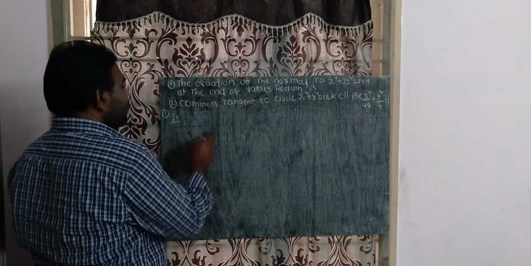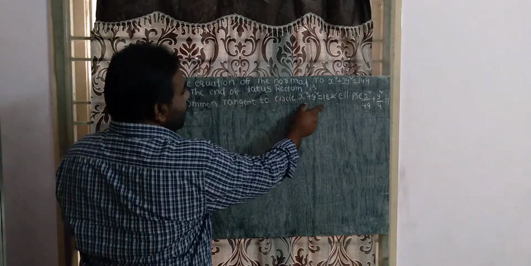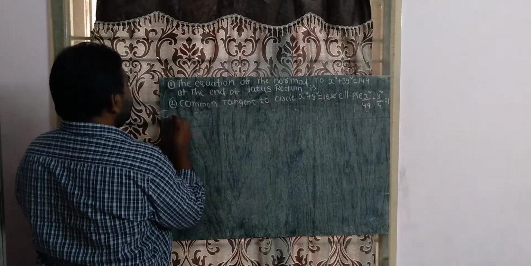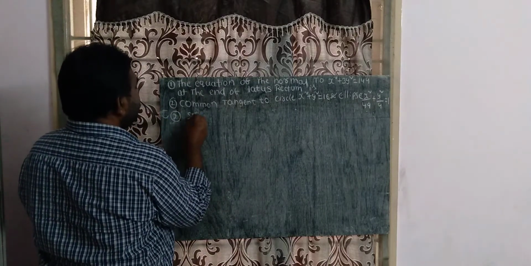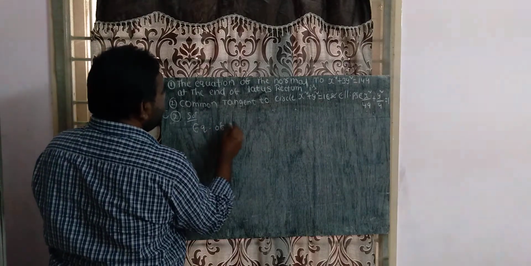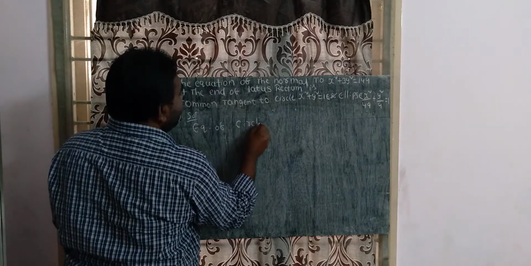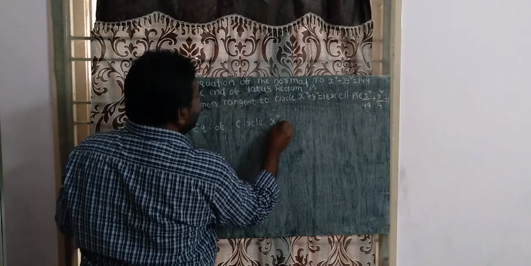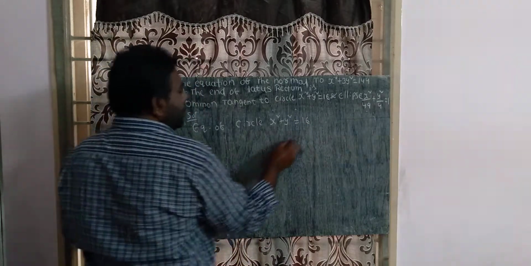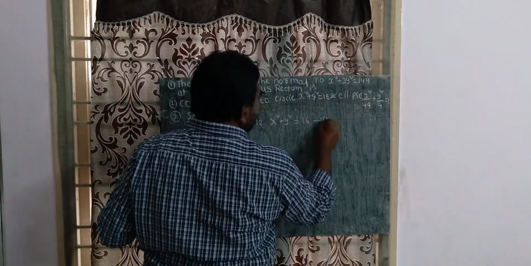In the second sum, he gives us mainly one circle and one ellipse. Equation of circle: x square plus y square is equal to 16. Take this as the first equation.